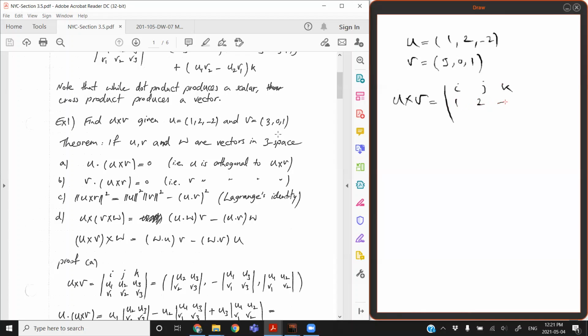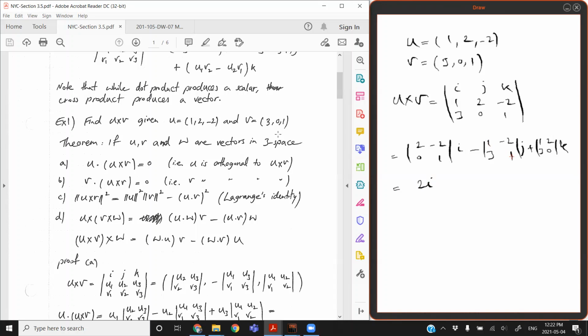So the cross product of U and V, U cross V, is going to be I, J, K, 1, 2, minus 2, 3, 0, 1. Okay, so it's going to be the minor 2, minus 2, 0, 1 times I minus 1, negative 2, 3, 1 times J plus, the minor corresponding to this position, 1, 2, 3, 0 times K. So it's going to be 2I.